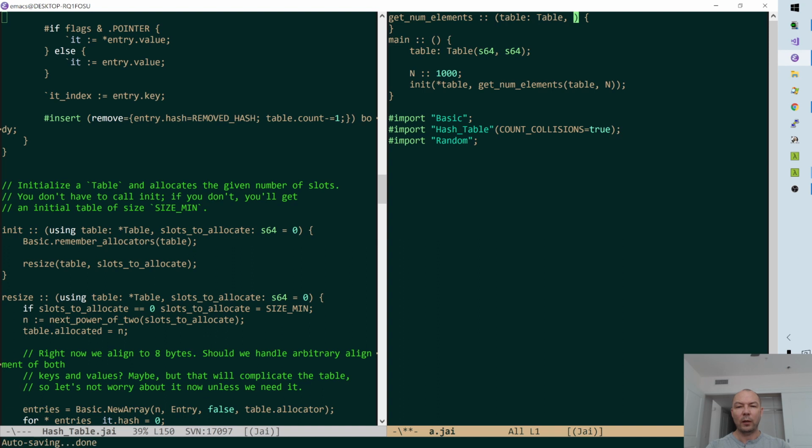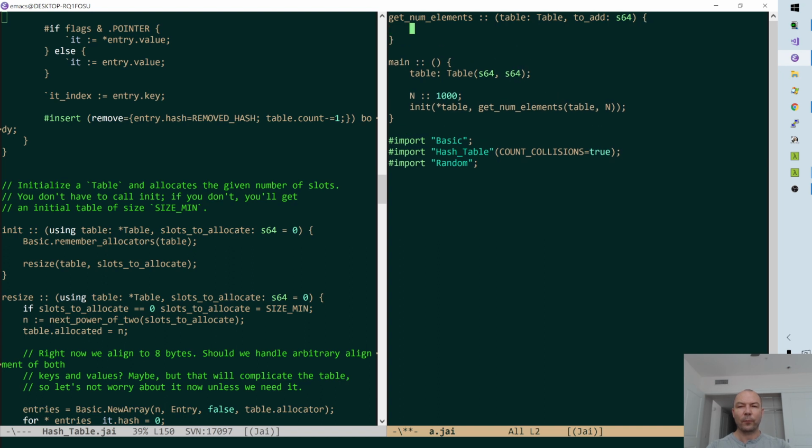So yeah, to add. Okay, so we kind of want to divide, right? We divide by the load factor, and we multiply by 100, because the load factor is an integer in percent, so it's between 1 and 100 or whatever.